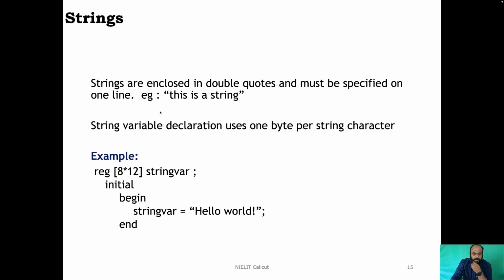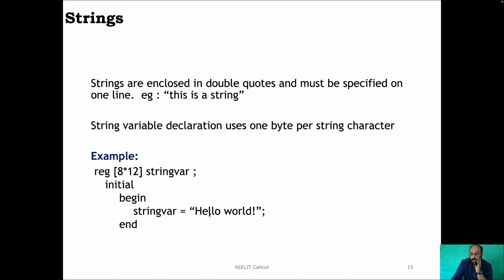A string is a sequence of characters which are enclosed in quotation marks. String variable declarations are done in such a way that it uses 1 byte per string character. For example, suppose you want to store this string, hello world. You count how many characters are there in this string: 1, 2, 3, 4, 5, 6, 7, 8, 9, 10. 10 letters, then one more character as an exclamation mark and one more character as the space between these two words.